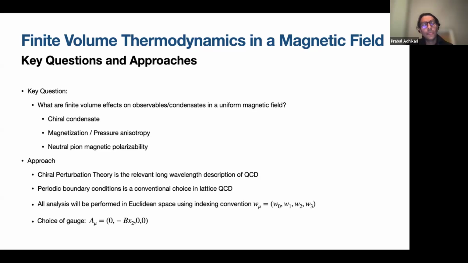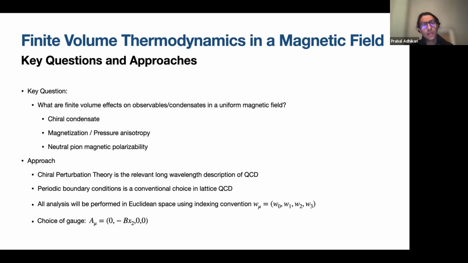In addition, there is a magnetization. So even though the QCD vacuum is, in quotes, empty, there are virtual pairs of pions that can pop up in the vacuum, and that means there is this electromagnetic interaction between the pions and the external magnetic field, which basically magnetizes the vacuum, and that's measured through a pressure anisotropy, as I'll show you in just a moment.